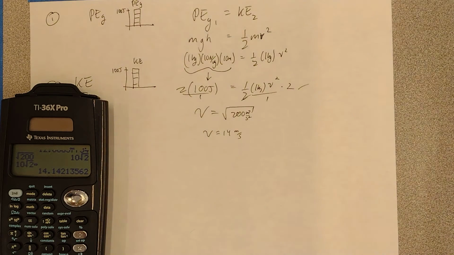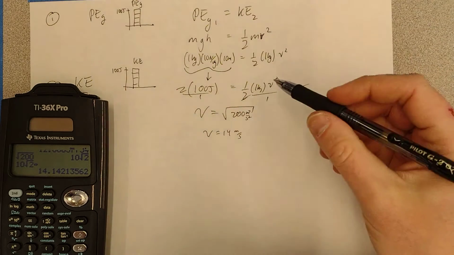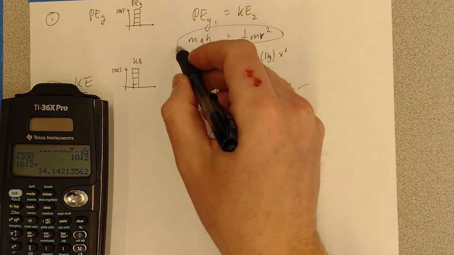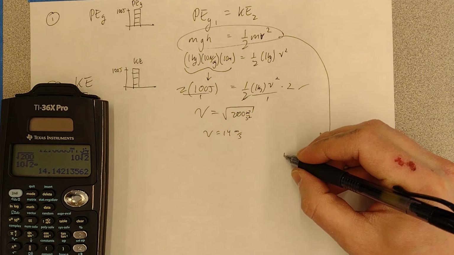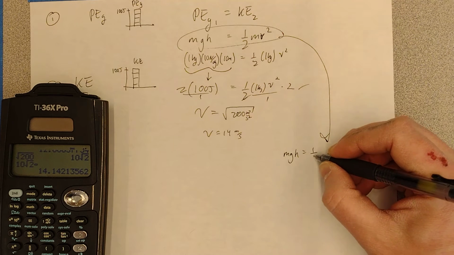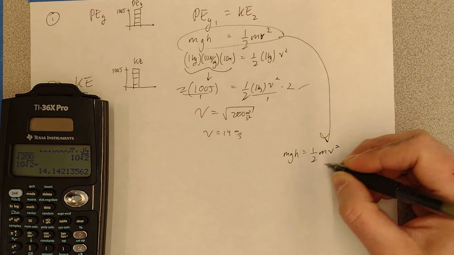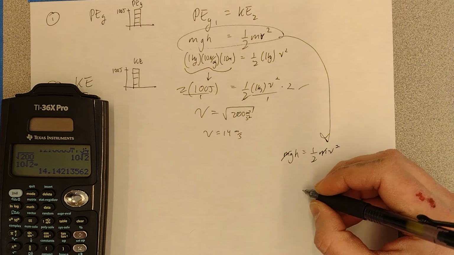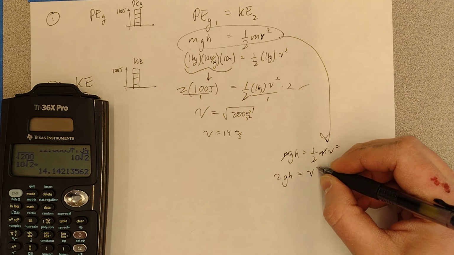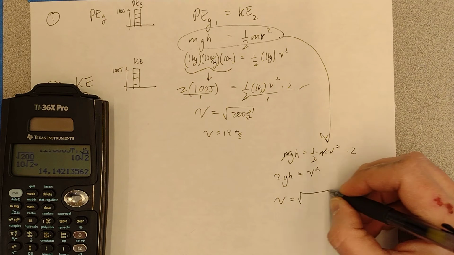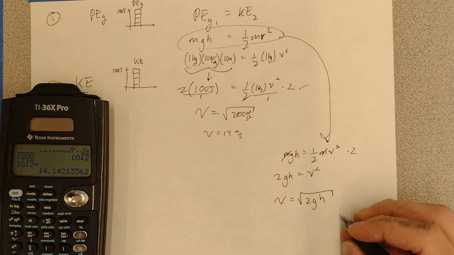Turns out, if you go back to this equation, right, and you solve it for V, alright, so mgh equals 1/2 mv squared. Cancel out the m's, multiply both sides by 2. 2gh equals v squared, or v equals the square root of 2gh.